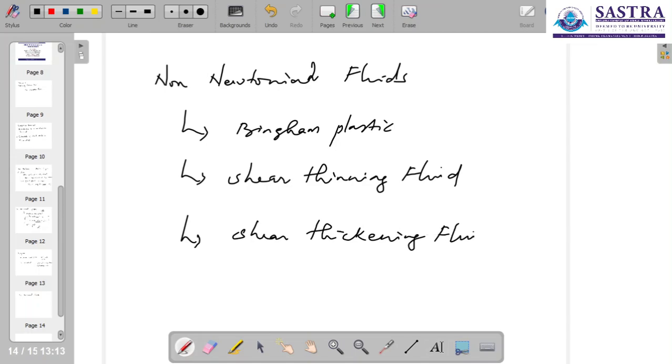A shear thickening fluid is the cornstarch-water mixture I talked about. This is also called dilatant. Shear thinning is also called pseudoplastic.